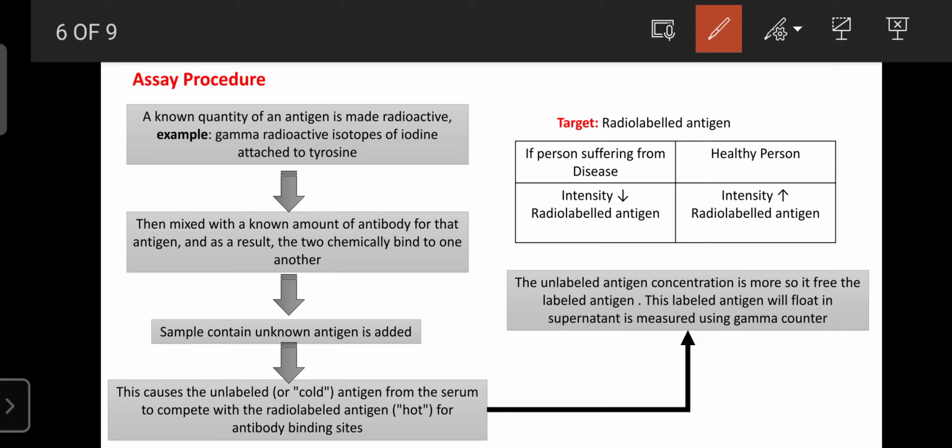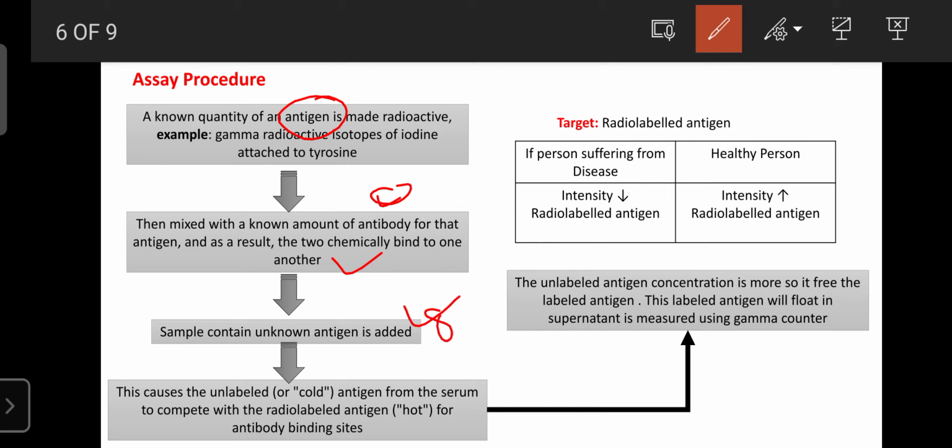Then it is mixed with a known amount of antibody for that antigen. Whatever antigen you use for the radioligand, you also have the corresponding antibody, so that can be mixed. As a result, the two bond chemically to one another, and this is known as the radiolabeled antigen. Then this is mixed with the sample containing unknown antigen.